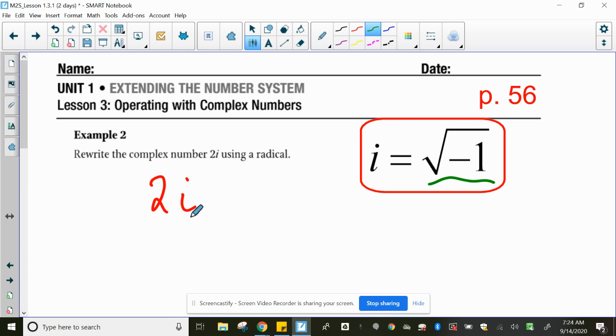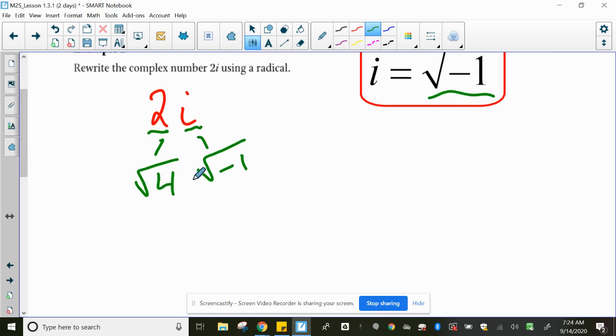The way we're going to do this, we need to rewrite both the 2 and the i as a radical. Remember, i is just the square root of -1. We're going to rewrite 2 as a radical. Remember, 2 squared is 4, so we could rewrite that as the square root of 4. From there, we just want to combine these.